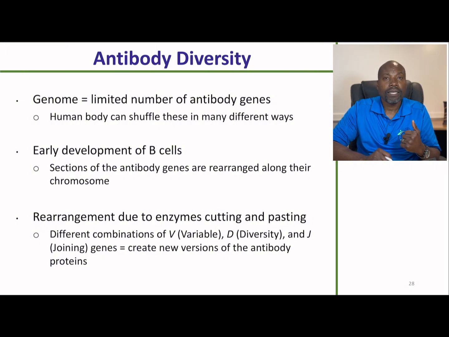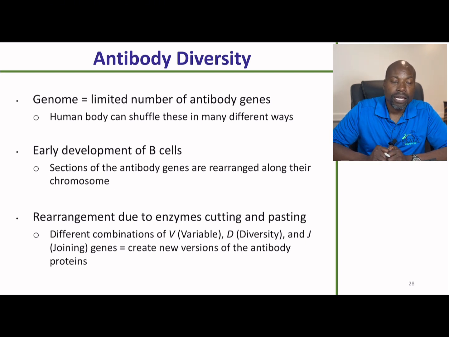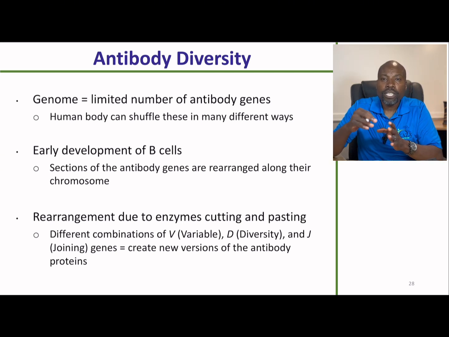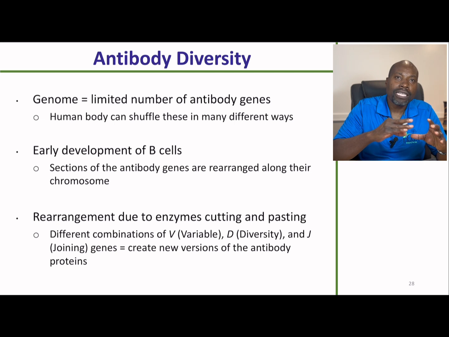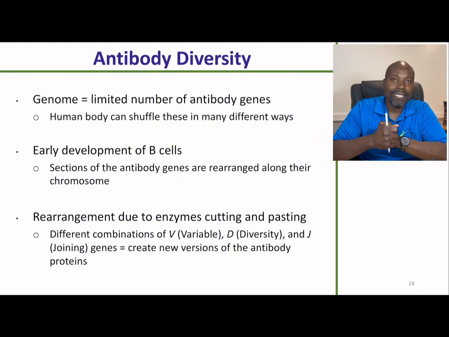Now, let me tie antibodies and genetics. Antibodies are very diverse. And the reason why they are diverse is because our body has a way of shuffling the genetic information, not the genetic information itself, but after transcription, what happens with that genetic information? We talked about splicing, right?